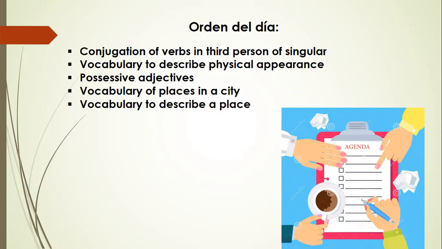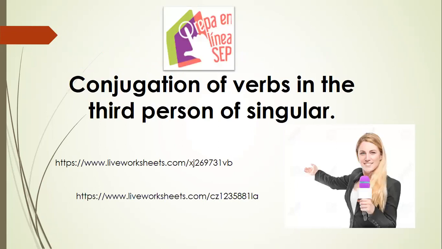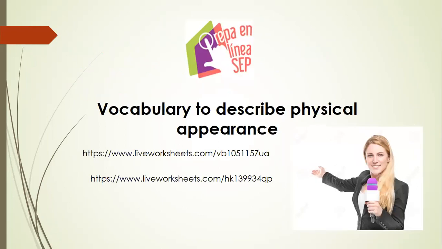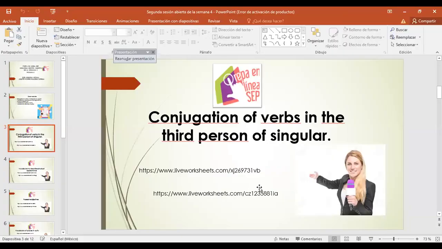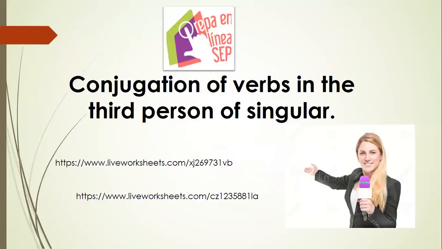So now let's get the ball ready, guys, and let's start. The very first thing that we are going to look at today is the conjugation of verbs in the third person of singular. Remember, guys, that during this module, we have seen how to conjugate verbs in the third person of singular, and we have used them to talk about someone or describe someone.